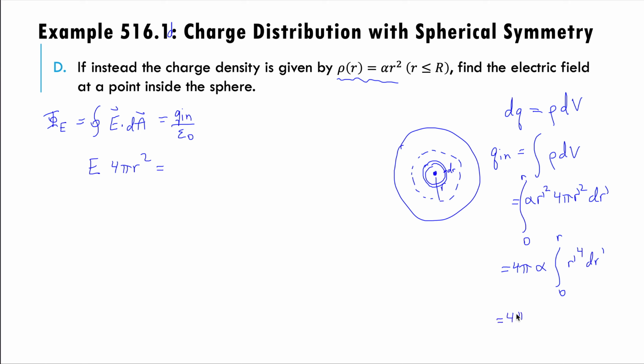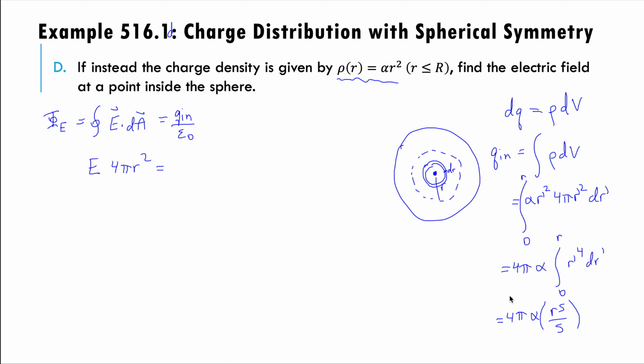So what we're going to get here is 4 pi alpha, and then r prime to the fifth over 5, and with the limit r here, it's going to be r to the fifth over 5 minus 0. So this is going to be our charge enclosed.